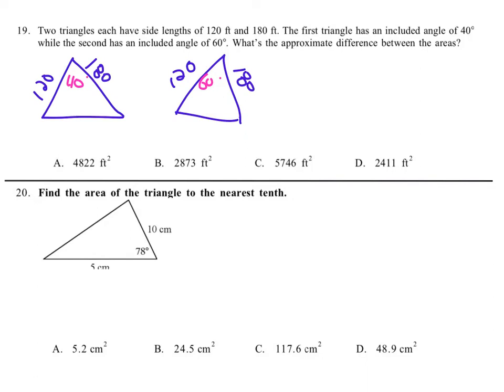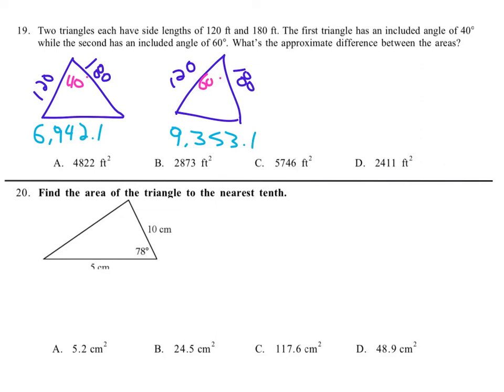So the first one has an area of approximately 6,942.1. And if we do this one, times 1/2 times 120 times 180, this one has an area of 9,353.1.